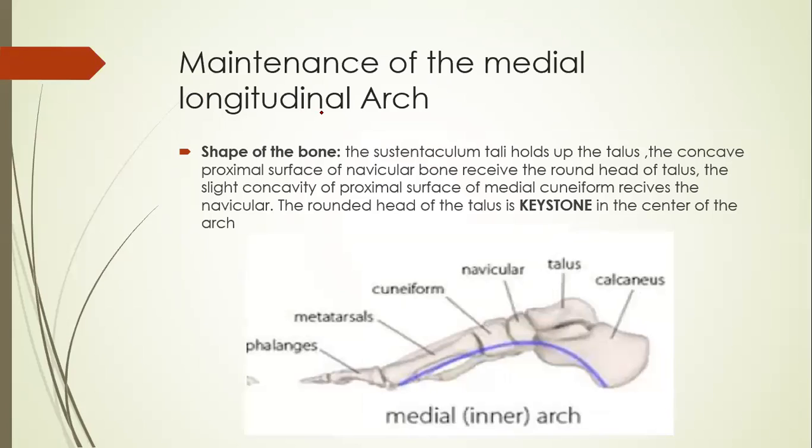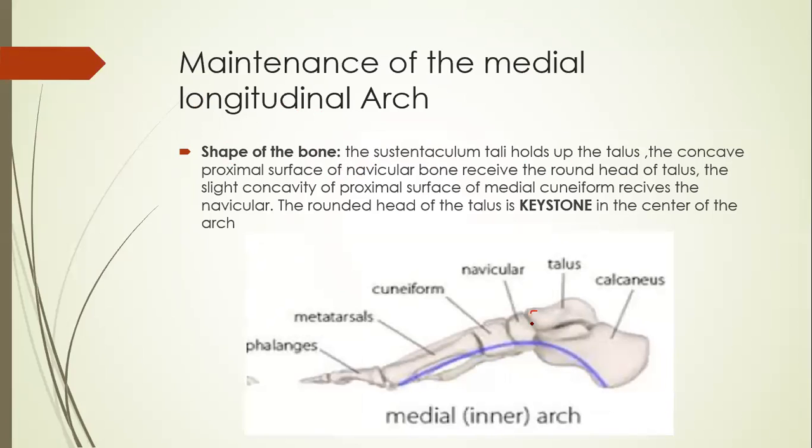Now the medial longitudinal arch, how is it maintained? Now if you see the shape of the bones, we said it has to be a wedged shape or triangular in shape. The sustentaculum tali holds up the talus. The concave proximal surface of the navicular bone receives the round head of the talus.